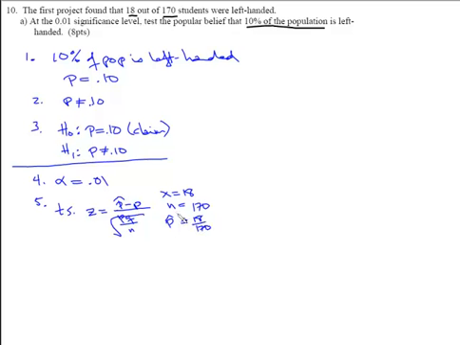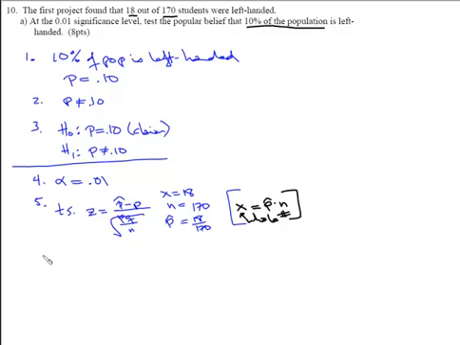By the way, if you're given the p hat and the n, just a little side note here, and you want to find out what x is equal to, x is equal to p hat times n. And remember that x is a whole number. So if you decide that you want to use a calculator for that, then you'll need this information if you're given a different kind of data.